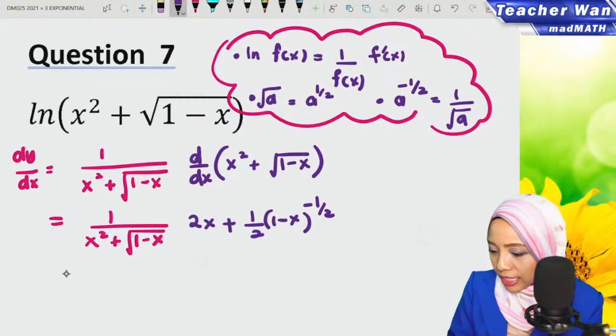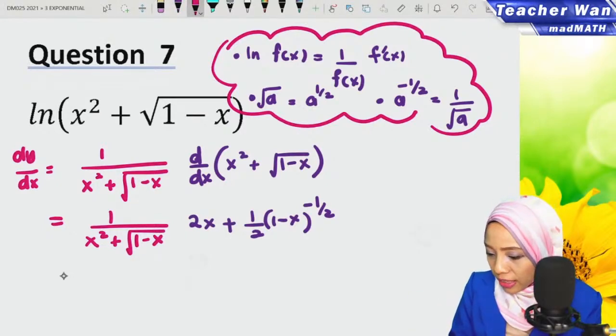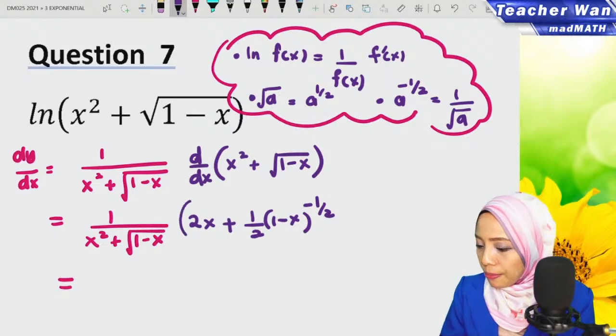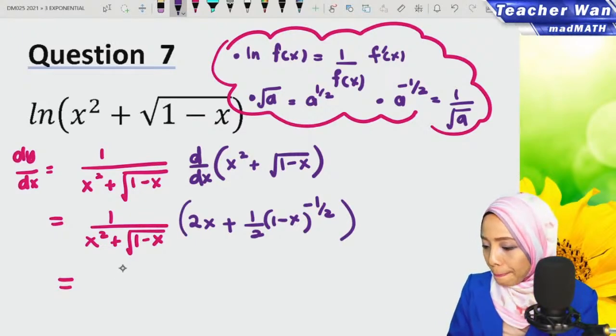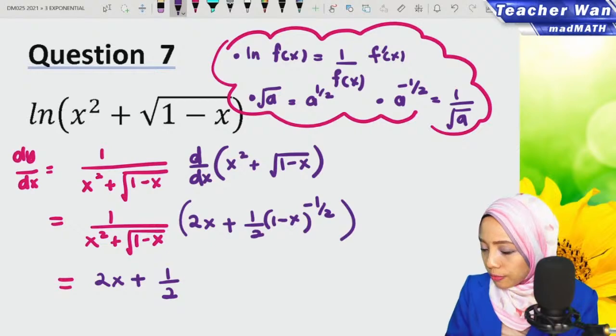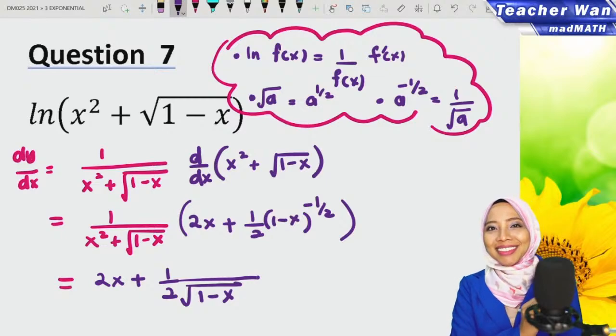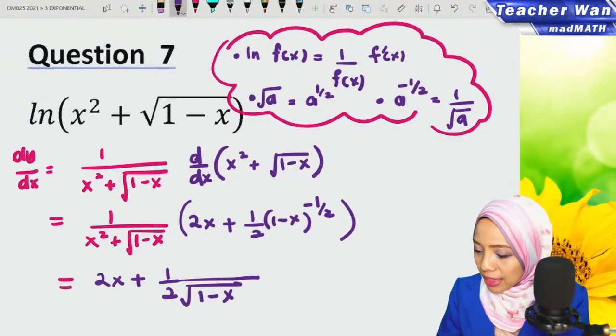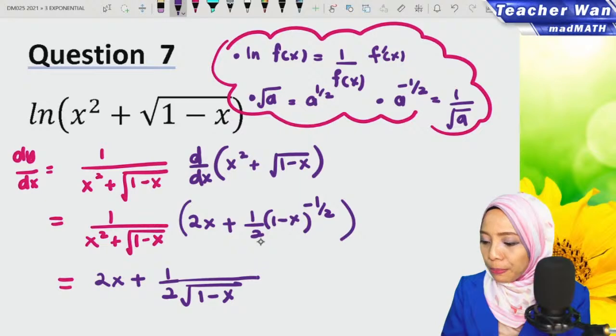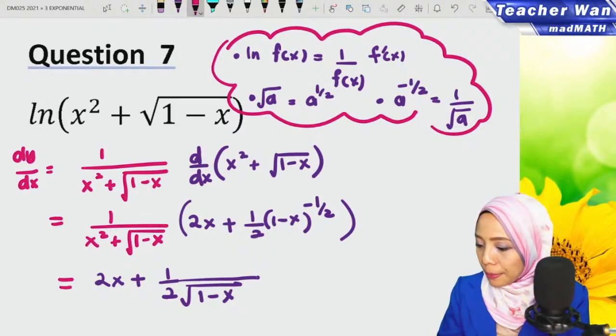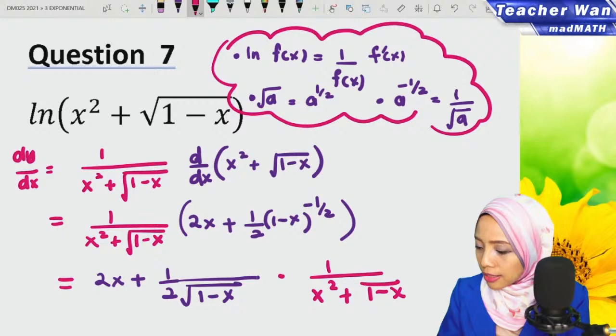Okay, now we are going to combine everything together and present our answer in a nice form. So 2x plus 1 over 2 times 1 minus x, and multiply with the purple. Now the pink, where should we put it? 1 over x square plus 1 minus x.